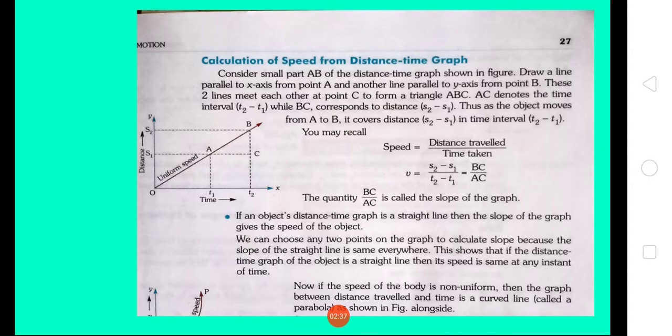S2 minus S1 corresponds to the same length BC and T2 minus T1 corresponds to AC. So V equal to BC by AC. So the quantity BC by AC is called the slope of the graph, which gives the value of speed when an object travels with uniform speed.